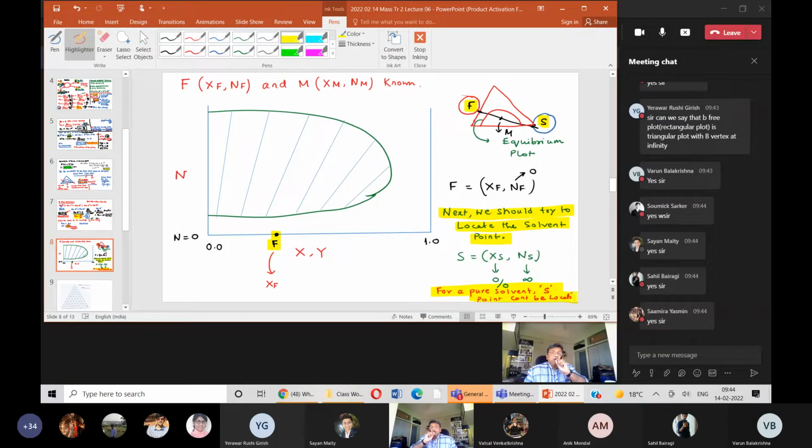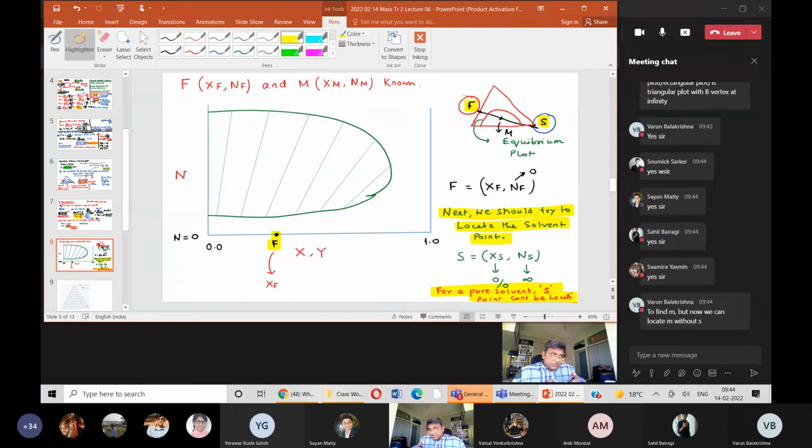So once, let's say, the point F is located, what is the utility? Think from a practical standpoint. What is the utility of the line Fs? The line Fs, wherever it intersects the value of xm, right? Very good, Varun. Hold on for your other friends.